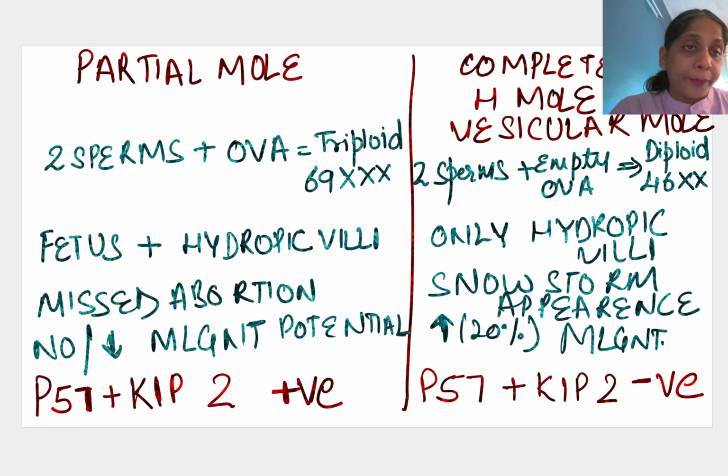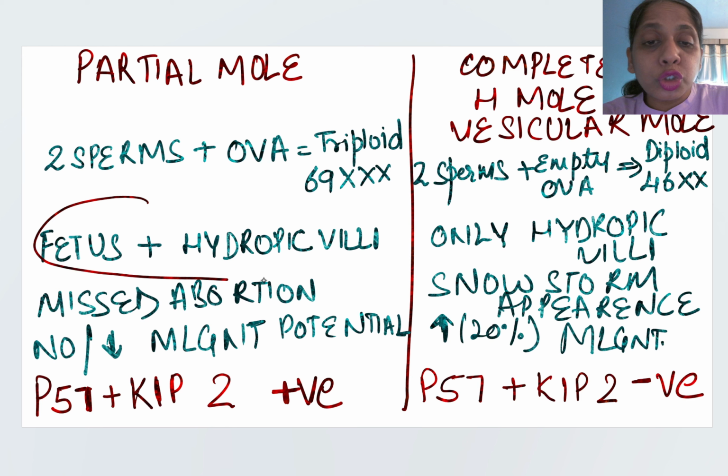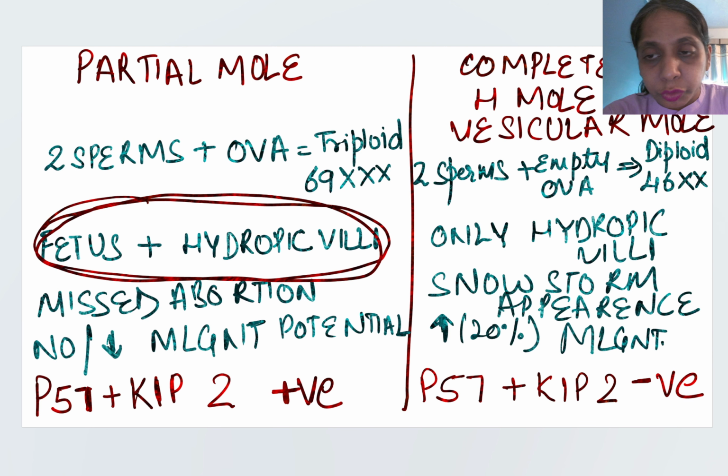In partial mole, on ultrasound we get fetus plus hydropic villi. So this is not called snowstorm appearance, because in the uterus, somewhere there are hydropic villi, somewhere there is a fetus.